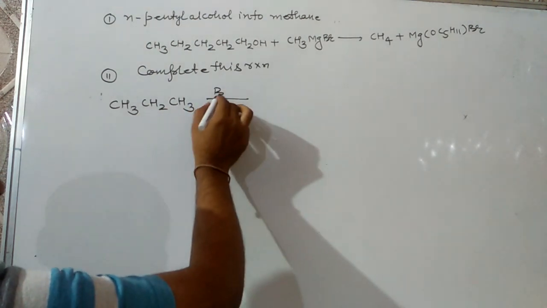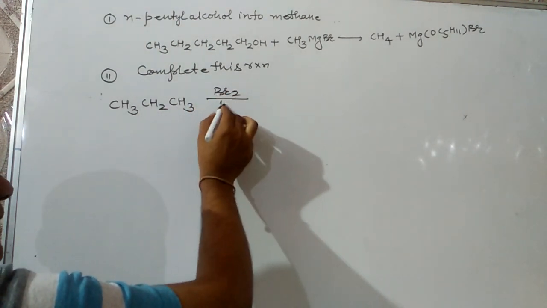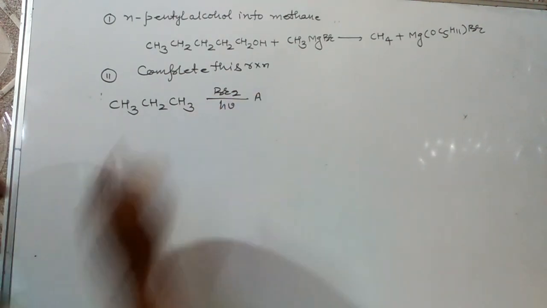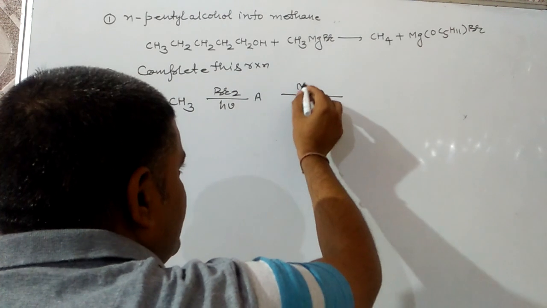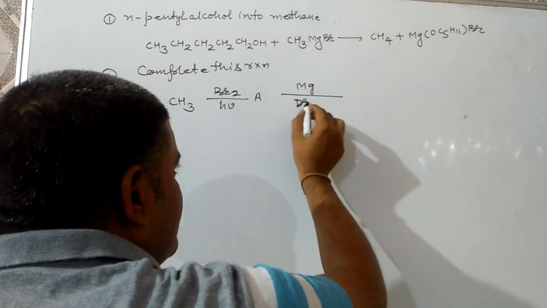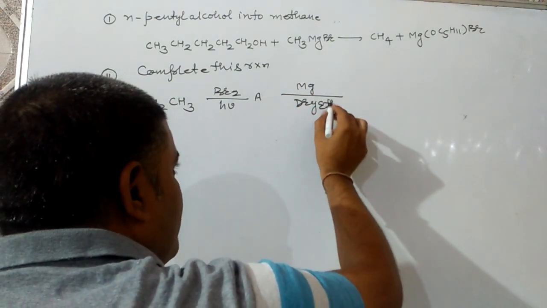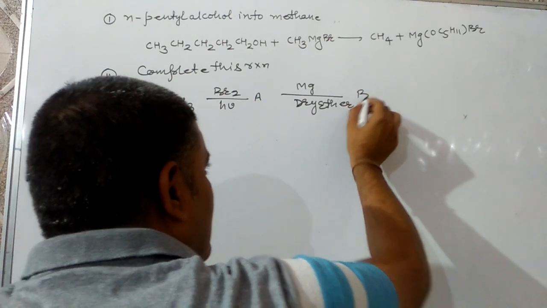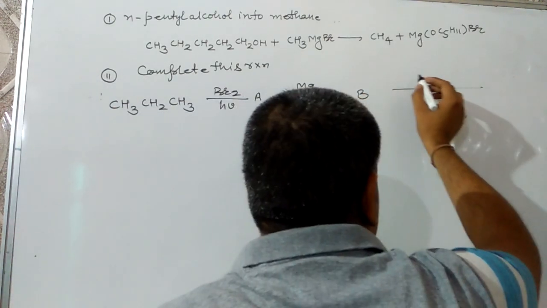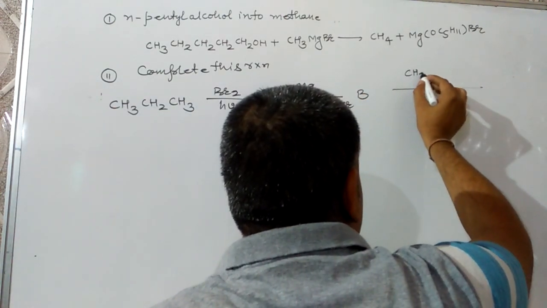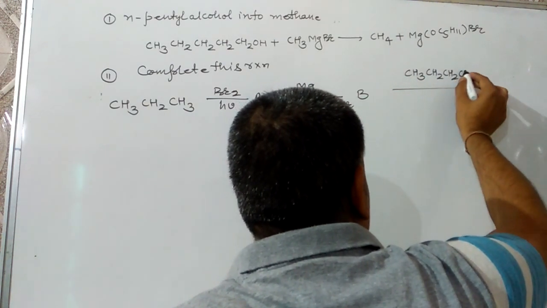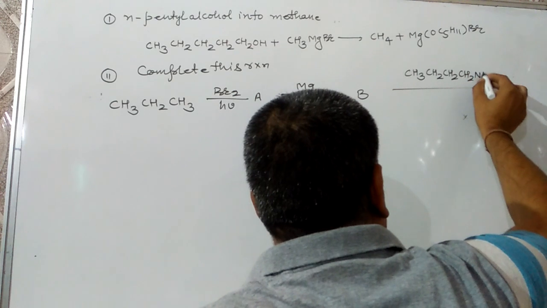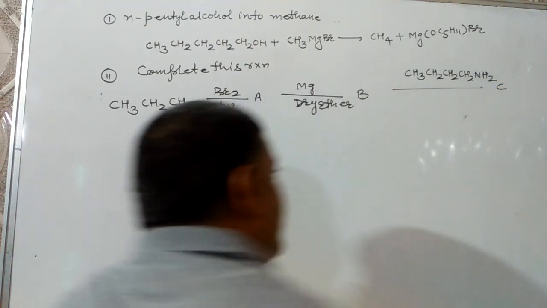Then Br2 is added to it in presence of sunlight, due to which we will get a product A. Then A reacts with magnesium metal in dry ether. The product formed is B. And then B reacts with butanamine to give C. What are A, B, C?